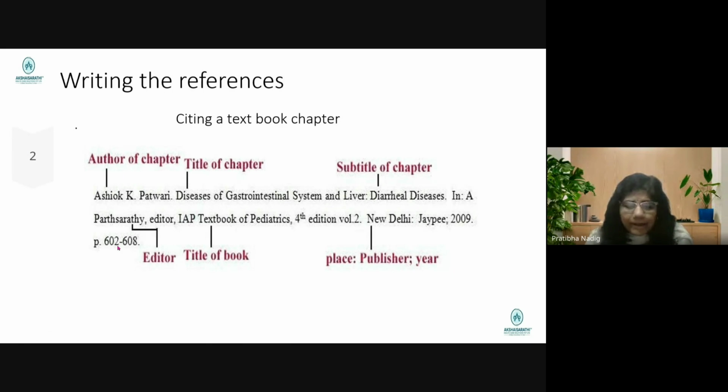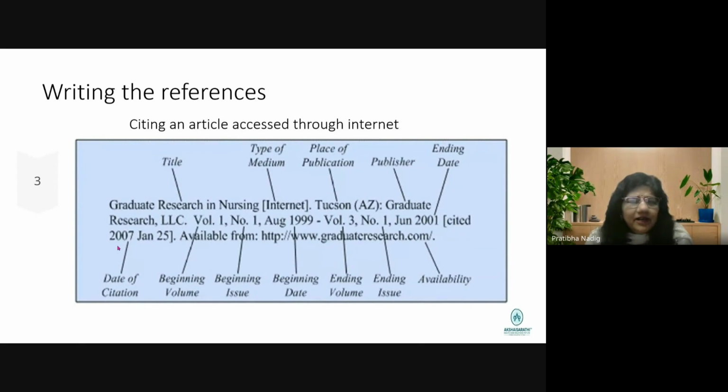This is how the chapter will be cited. You can go through more, you will have a lot of resources. Citing an article accessed through the internet, everything is similar, but you must mention the source, from which website. In fact, you should also add when you accessed it, that should be written.